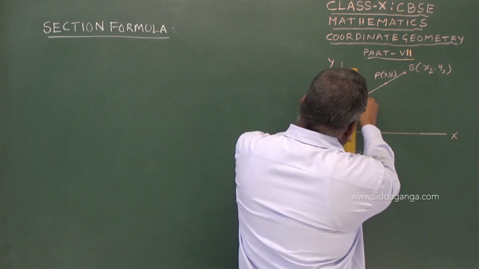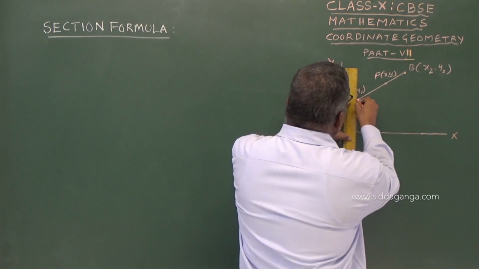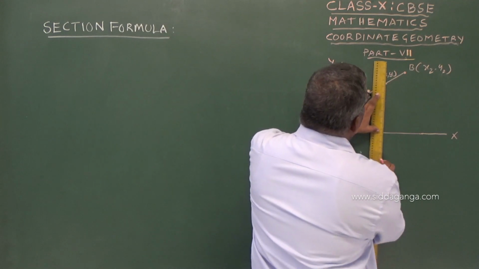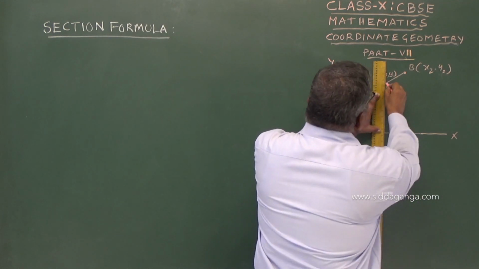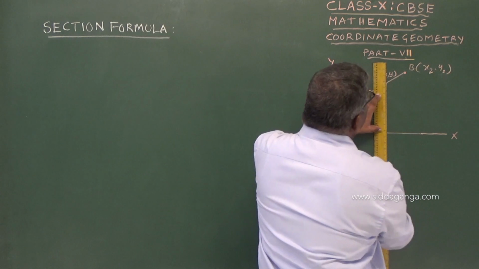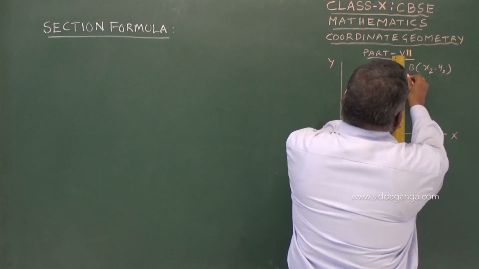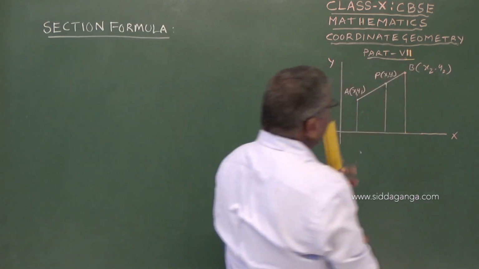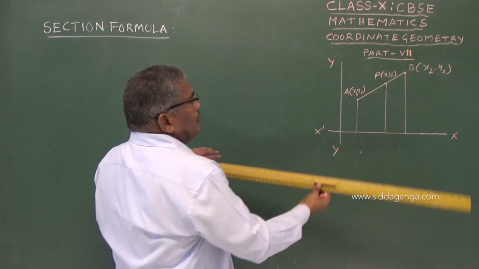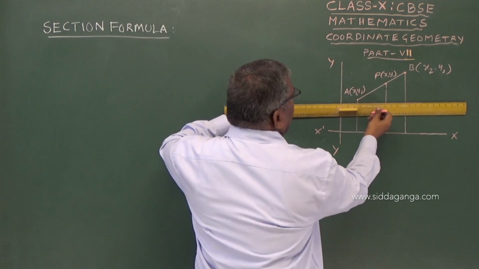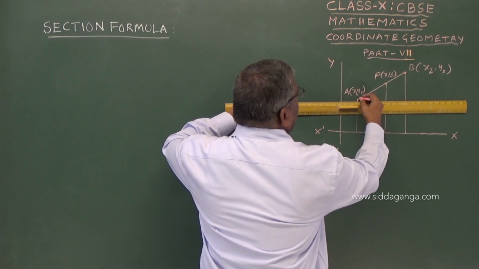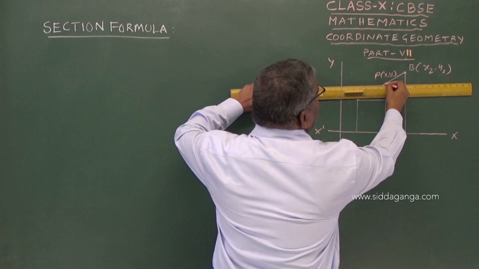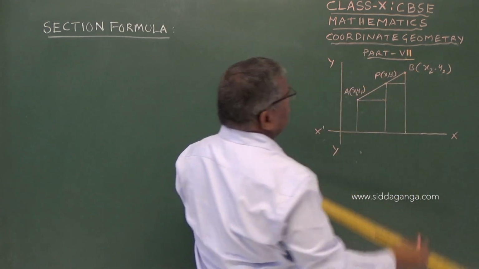Now, I will draw perpendiculars from these points, from A, B and P. Draw perpendiculars. Now, you draw a line which is parallel to the x axis here also and parallel here also.